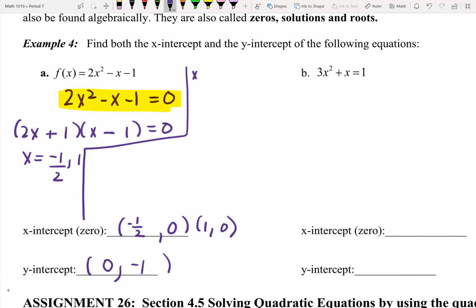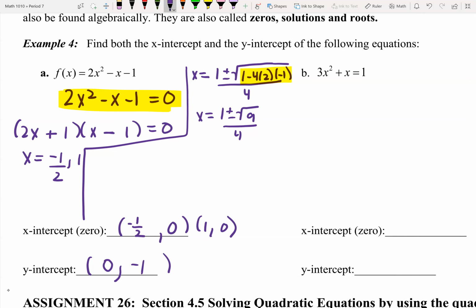So everybody write x equals -b just means 1, plus or minus the square root of -1 squared is 1, minus 4 times a, which is 2, times c, which is a -1, all over 2 times 2, which is a 4. Okay, now you would grab your calculator and you would put that in, and you get x equals 1 plus or minus the square root of 9 over 4.